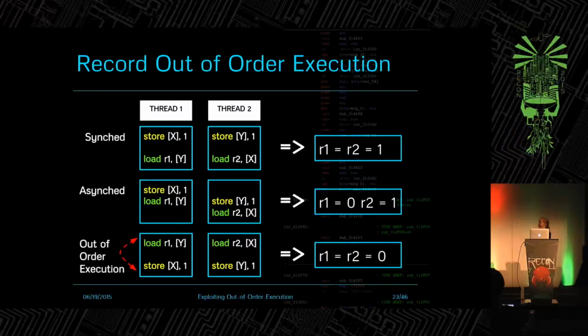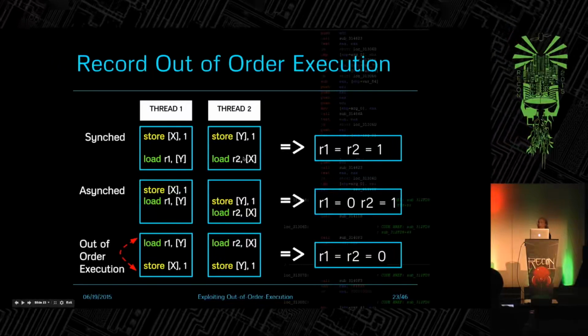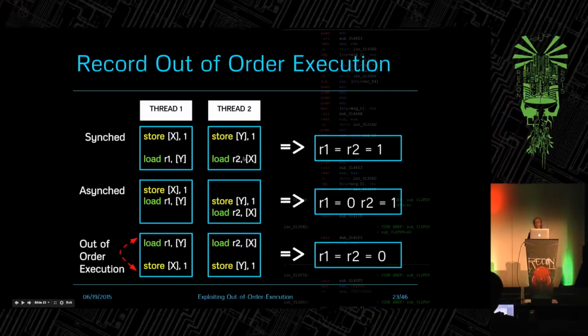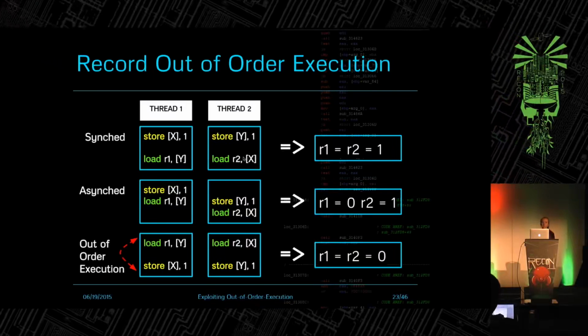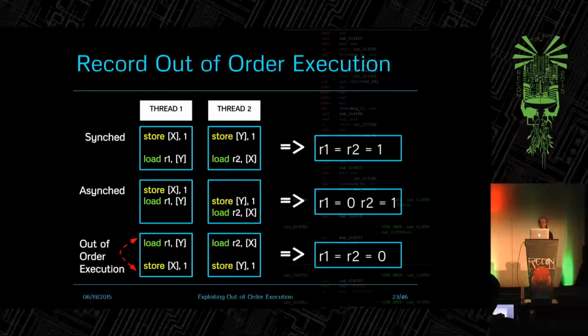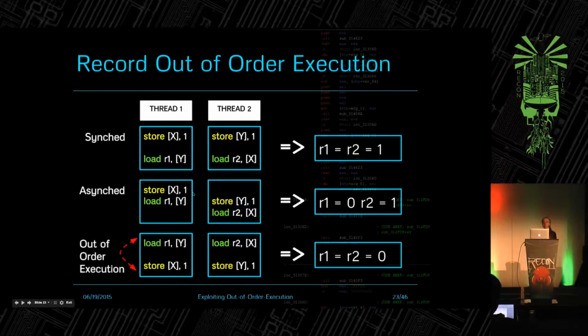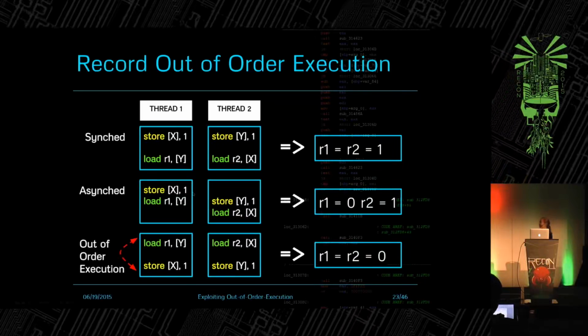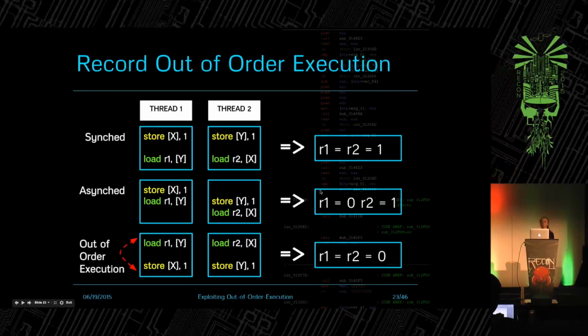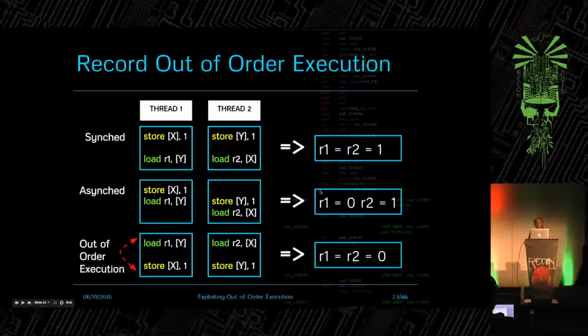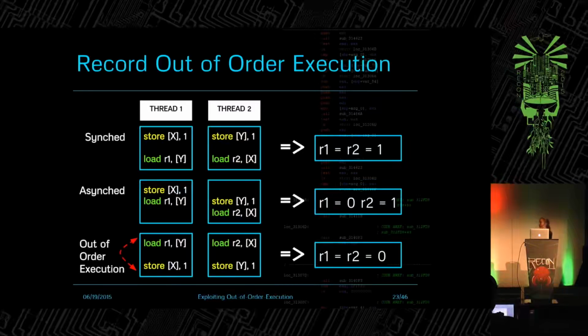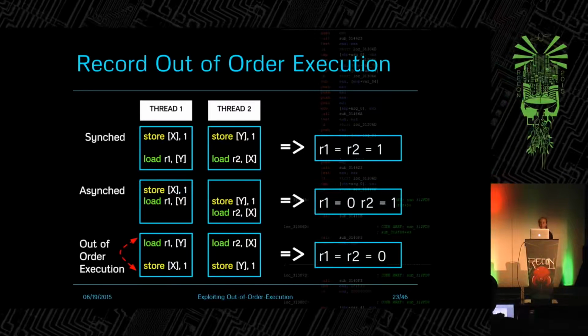So in the perfect world, the synced thread case, you get R1 and R2 equals 1. But more often than not, your threads aren't going to be synced. So you can also get a case where the store and load of one happens before the store and load of the other. And in that case, you could get either R1 or R2 being 1 and the other 0. Both of these cases are pretty normal, so we're going to ignore them.